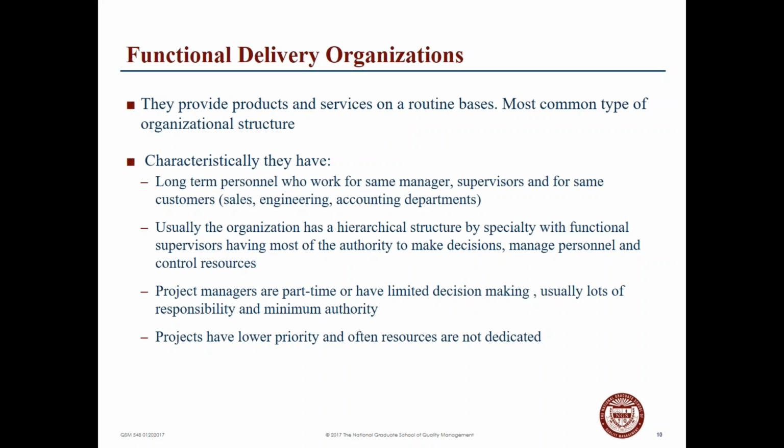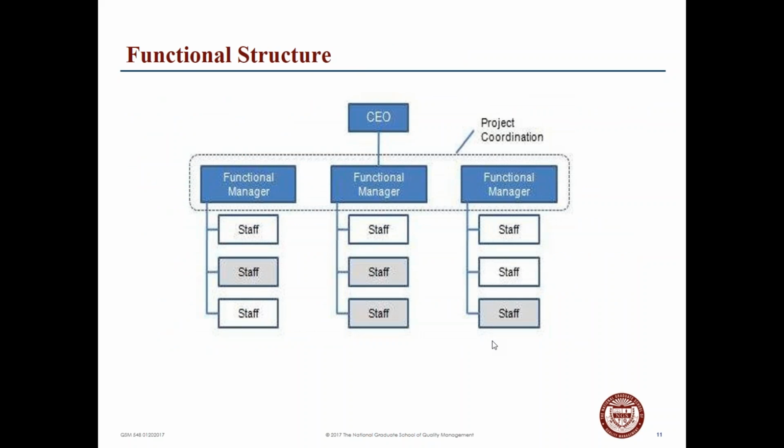And in a functional organization, the functional structure has a greater priority or a tendency to be viewed as more valuable than projects, and a lot of times there's a limitation to the resources that may be available for a project. If we look at a functional structure, we have senior leadership, we have functional managers who may also be serving as coordinators of a project, and then different staff members may be involved in it on a limited basis, as you can see here.